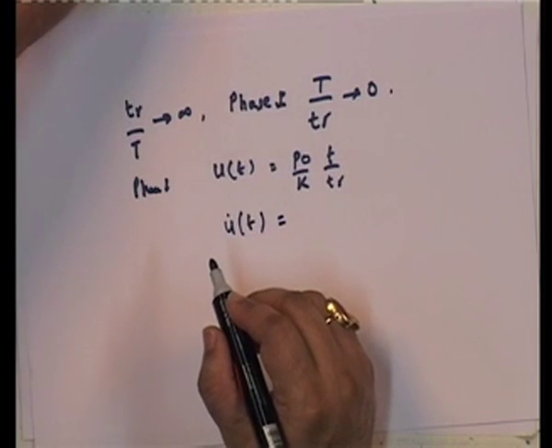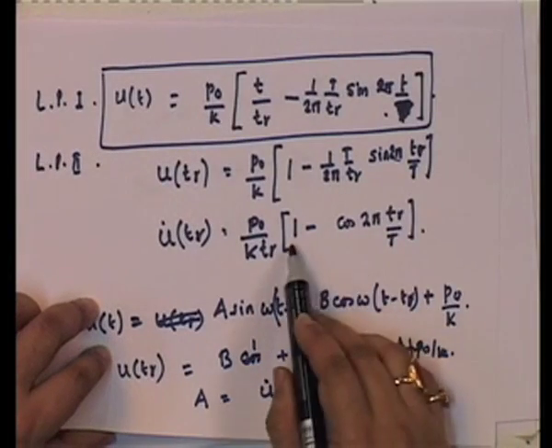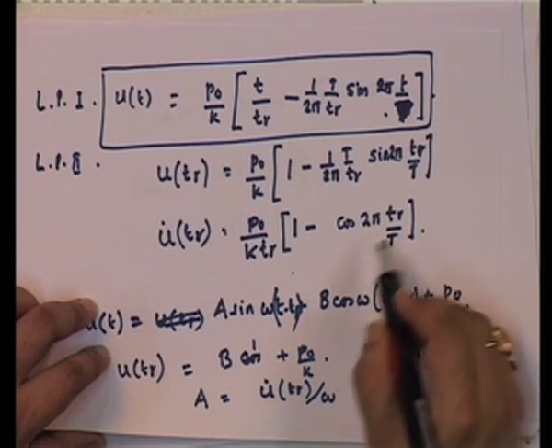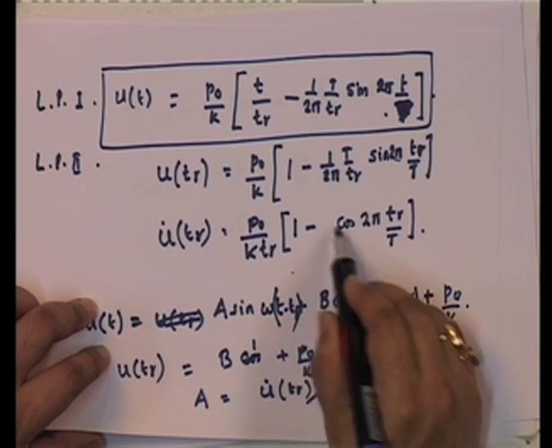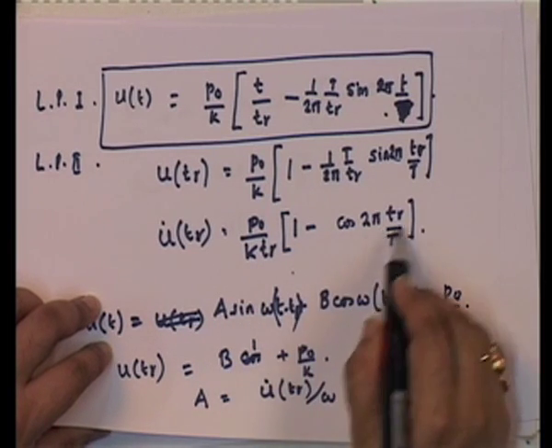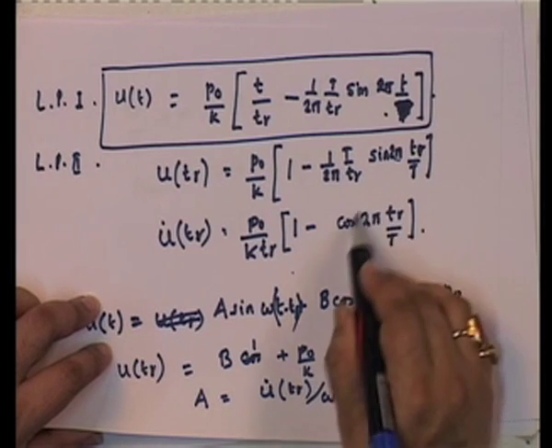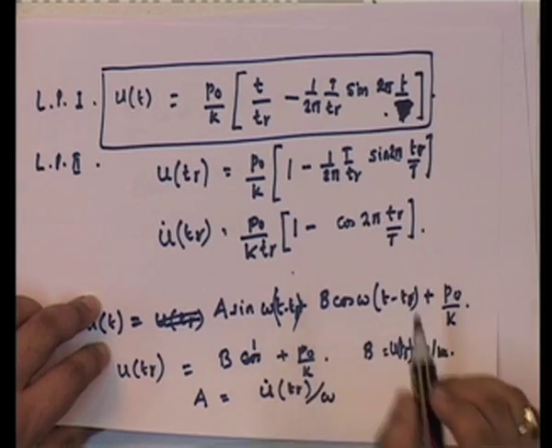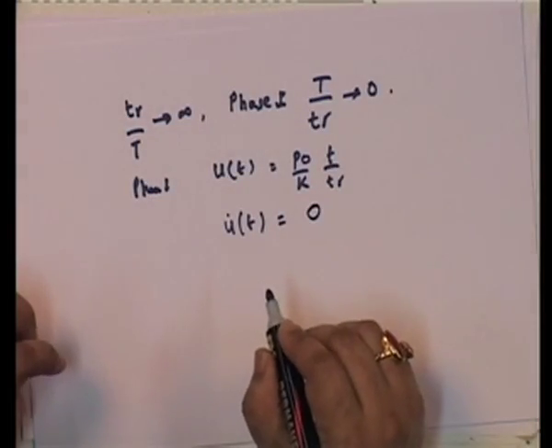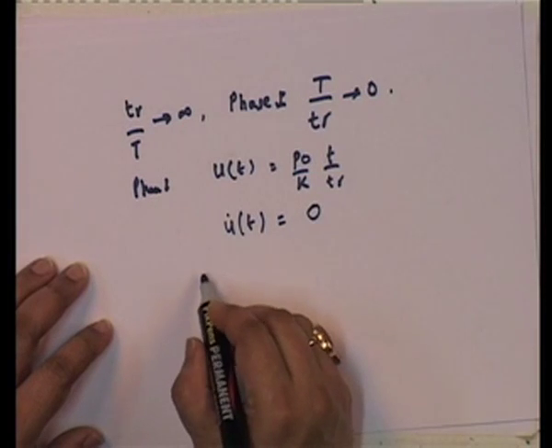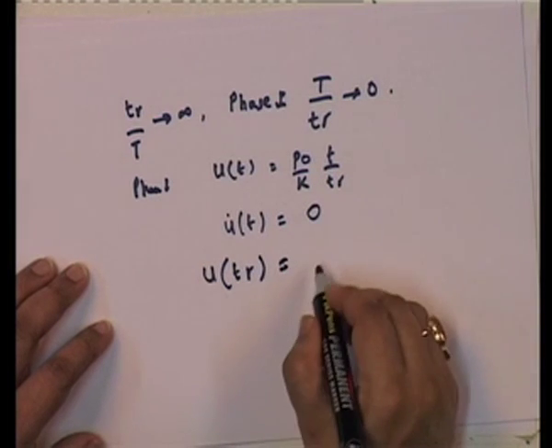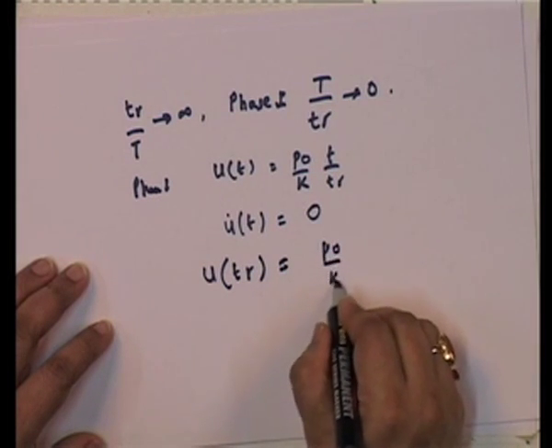Well, let's see what is u dot t. 1 minus cosine. So, this t_r upon T, when I put t_r in here and I put T here, I get that this becomes essentially equal to 1 minus 1, because this term goes to 0. Okay. So, essentially u dot t goes to 0. So, what is the value at the end of phase 1? Well, P naught upon k.